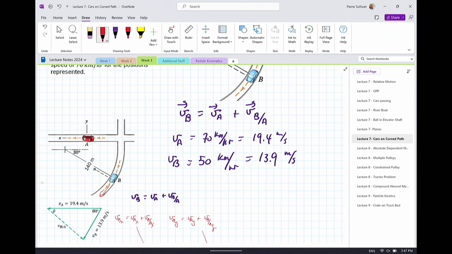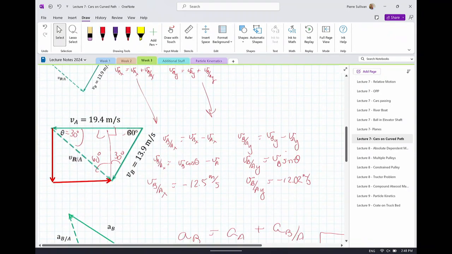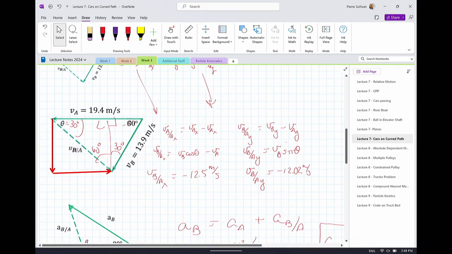The reason is there was an error in the r theta coordinate components that they calculated. In the end, all we're doing is this: velocity of A plus velocity of B with respect to A equals velocity of B. It doesn't matter whether you're using xy coordinates, r theta, or n t. They're always going to be the same final result.